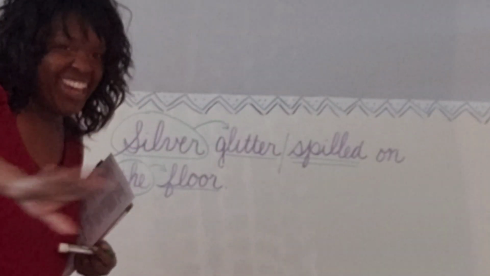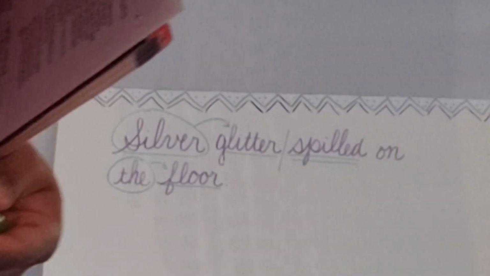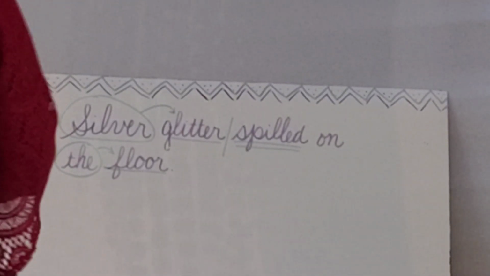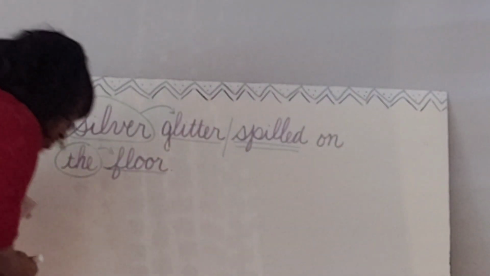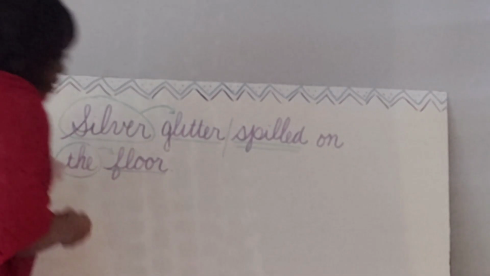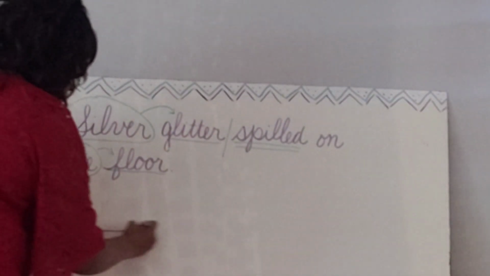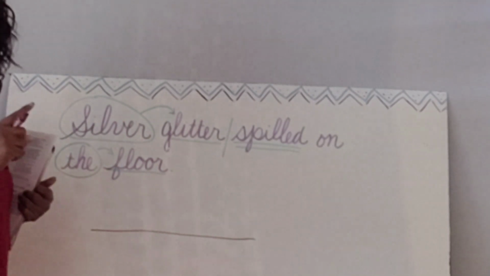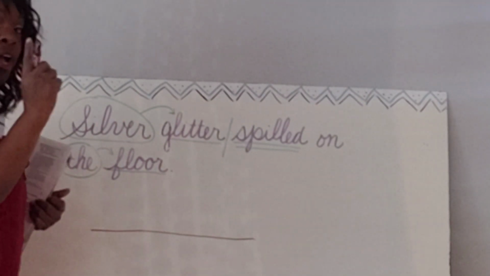This is where I get excited because now we're going to be doing some of our diagramming, and diagramming is so awesome. So we already know when we're diagramming that we have our horizontal line, and the first thing we do is we write our verb.